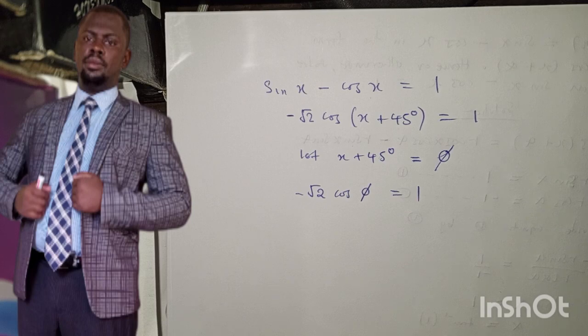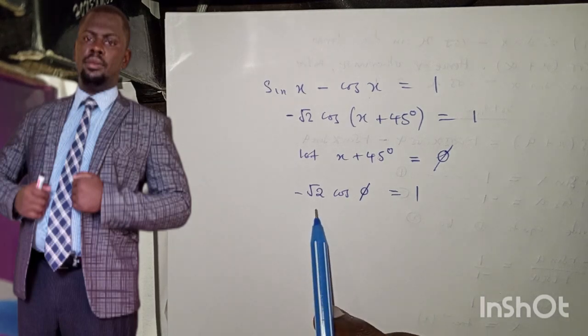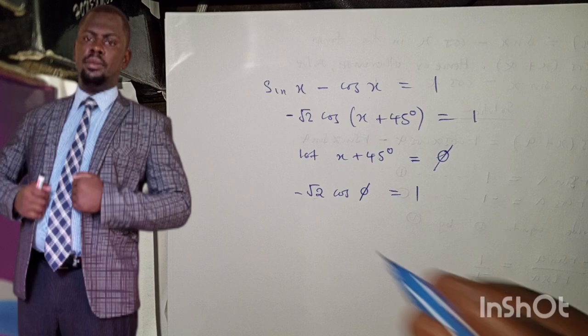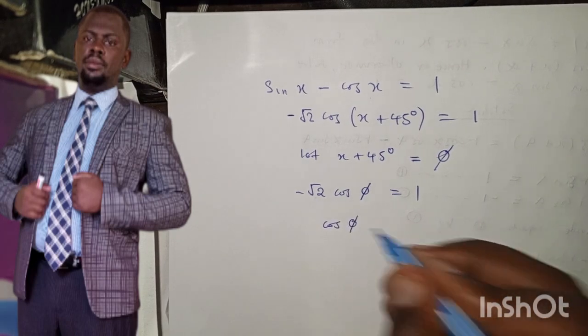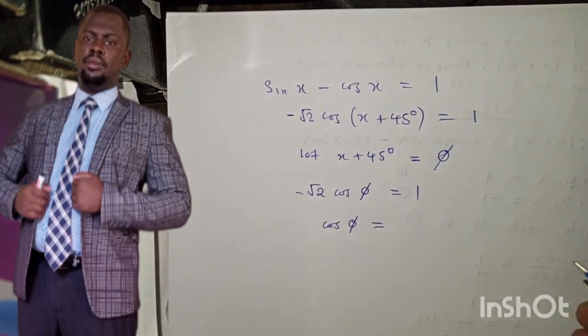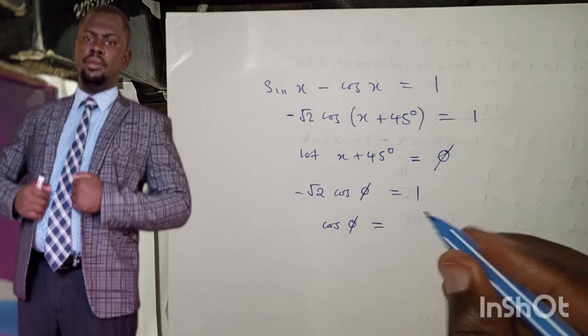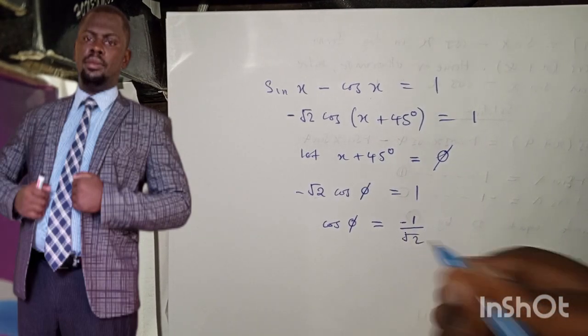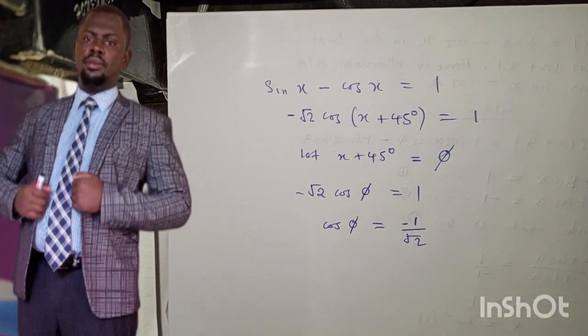Now our job is to calculate the value of phi. So we are going to divide both sides by this minus square root of 2. So cos phi is equal to minus 1 over square root of 2.